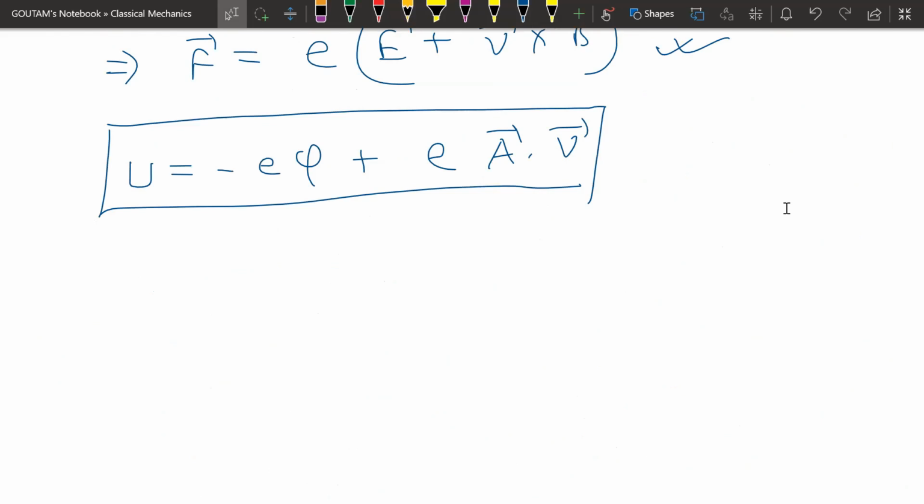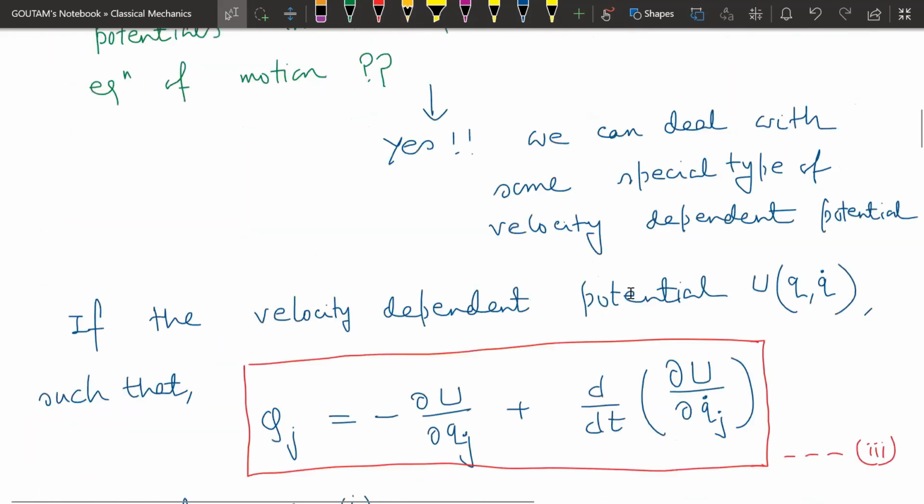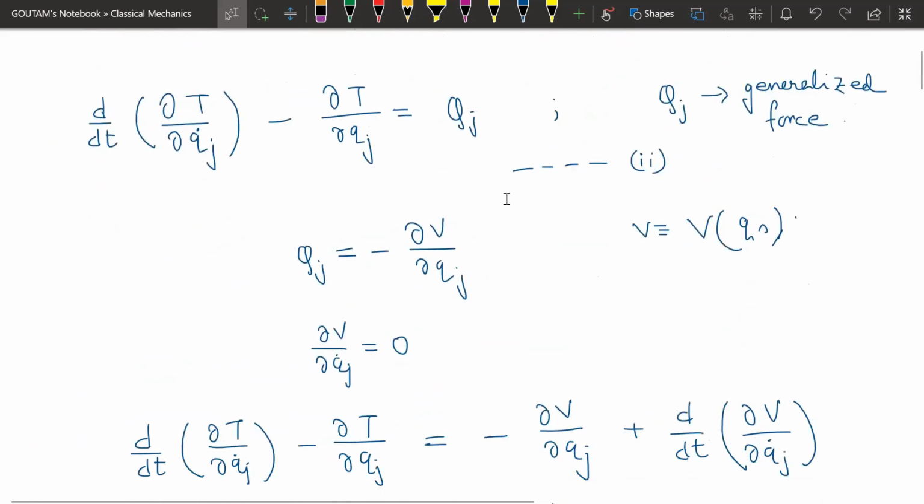While deriving this Lagrangian equation of motion, we discussed that this potential, which gets the generalized force, so these generalized forces must be derived from a scalar potential. That's the definition of conservative forces.